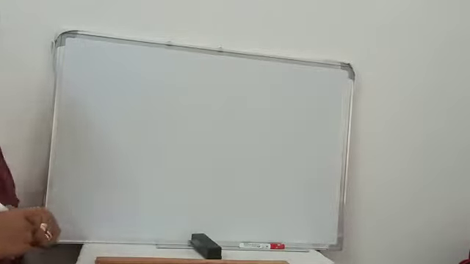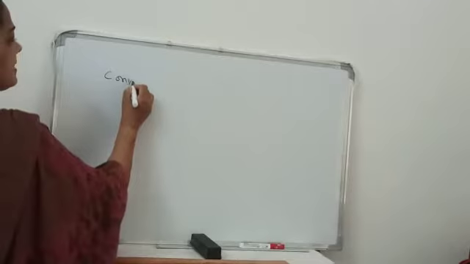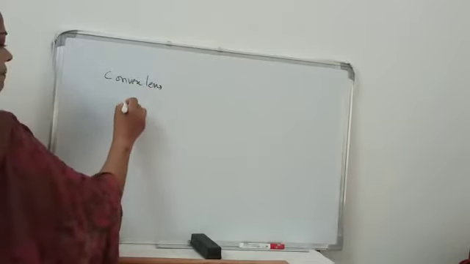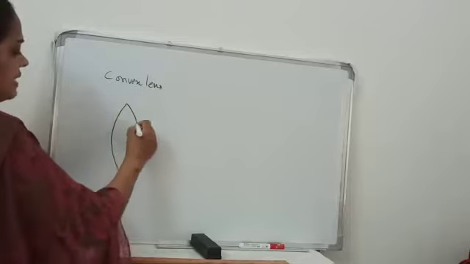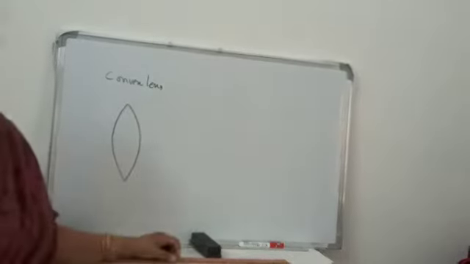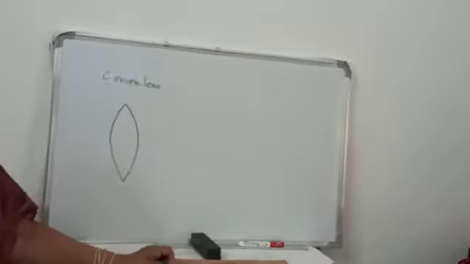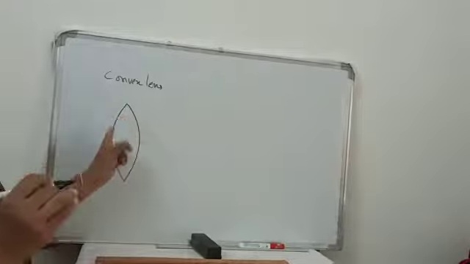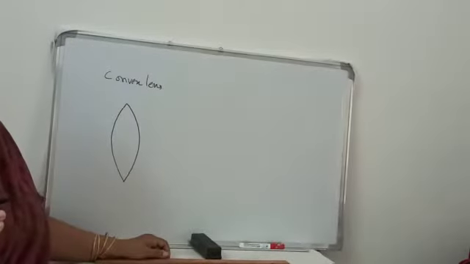Now, when we combine the two refracting faces, we get what is called a convex lens. So a lens is a portion of a transparent medium bounded by two refracting surfaces.